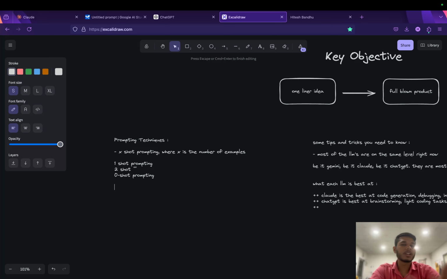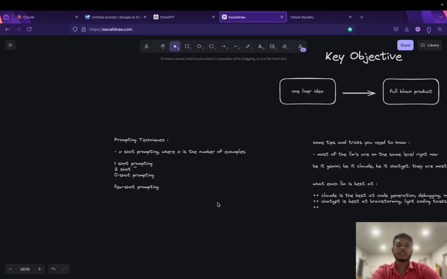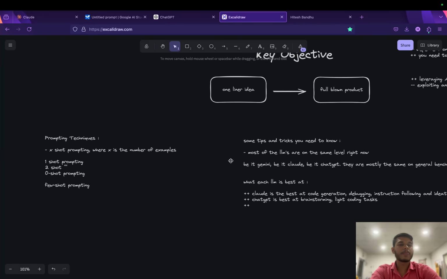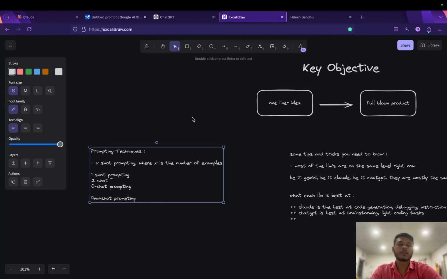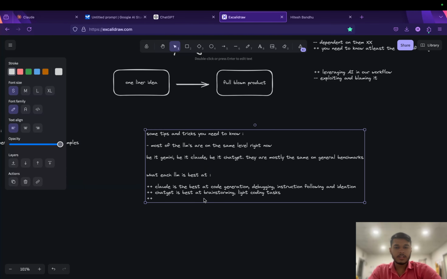And if I'm giving it a lot of examples, that is called few shot prompting. So one example is one shot, zero examples is zero shot. For more than two, three, or five, you can call it seven shot, eight shot, but the convention is to call it few shot prompting. Okay, so let's get at it.